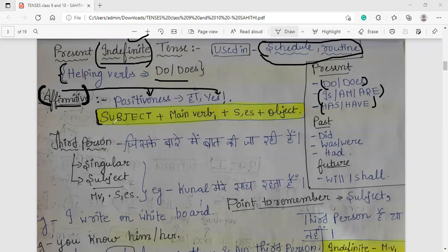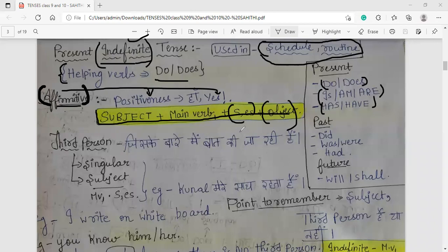Now what is the formula for this? Subject plus main form of verb plus s or es plus object. And let me say one more thing: in this present indefinite tense and even in the past indefinite tense, only in the affirmative form there would be no helping verbs used. This is an exception.